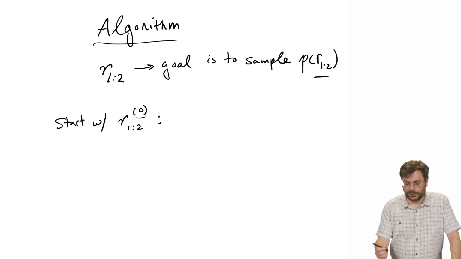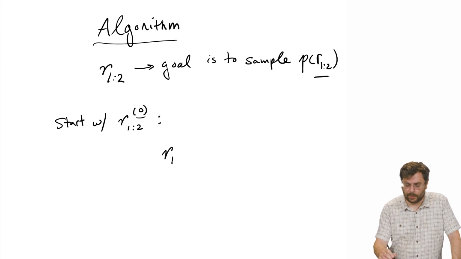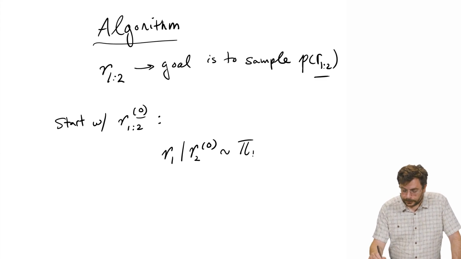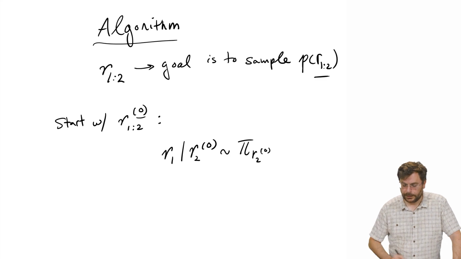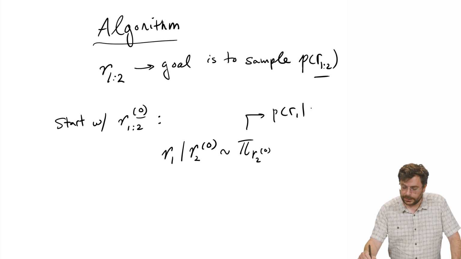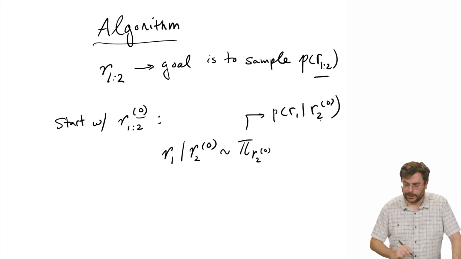So the first thing we're going to do is sample R1 conditioned on our initial sample R2 naught, so the coinciding density here would be P of R1 given R2 naught.